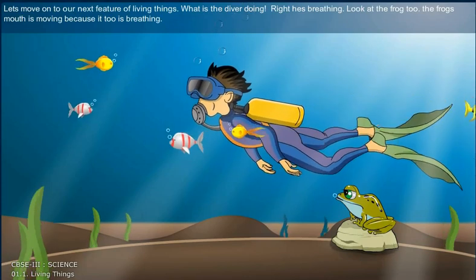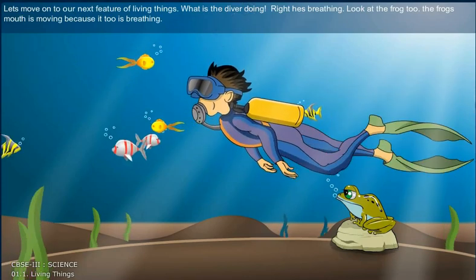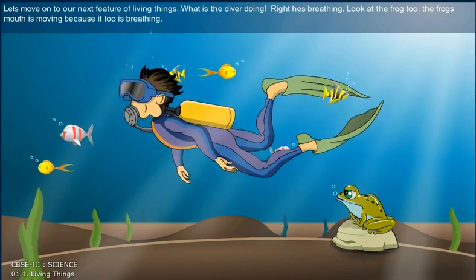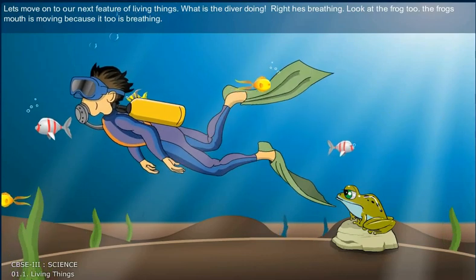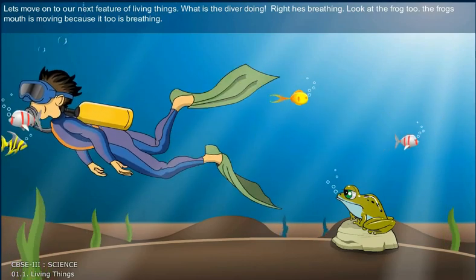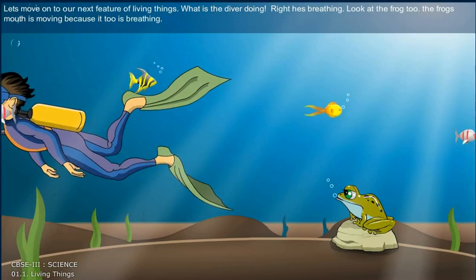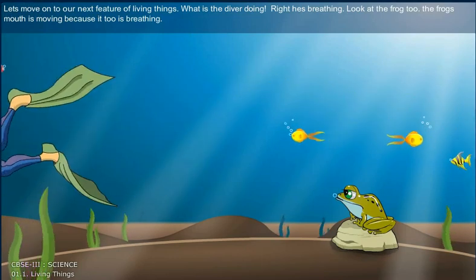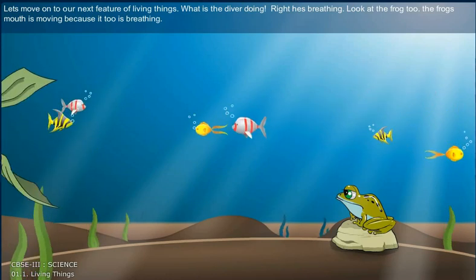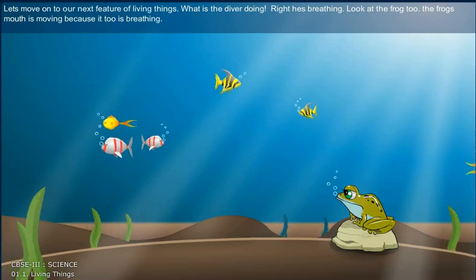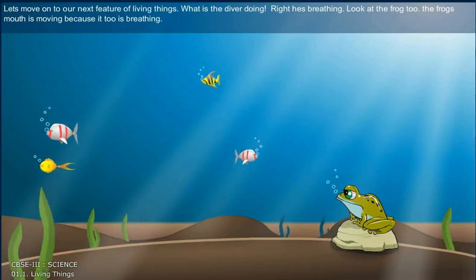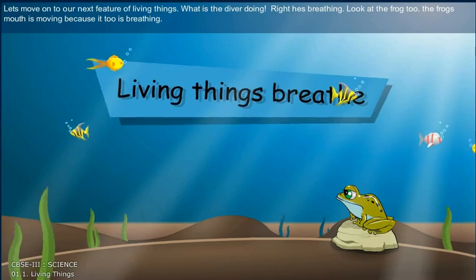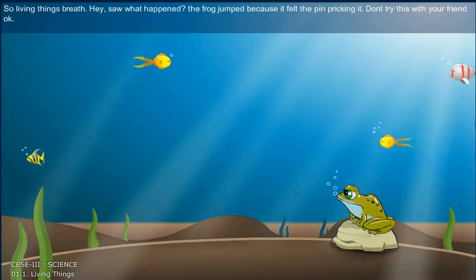What is the diver doing? Right, he's breathing. Look at the frog too. The frog's mouth is moving because it too is breathing. So living things breathe.